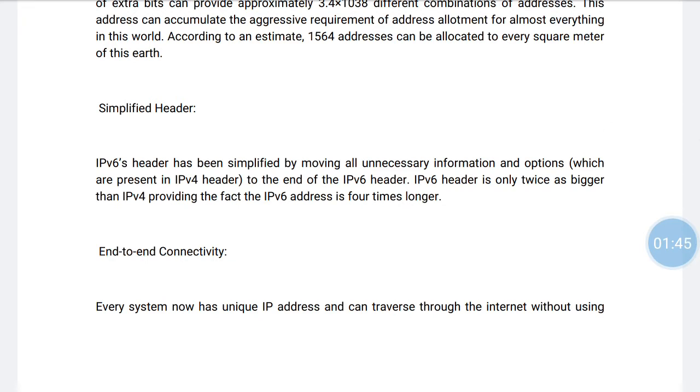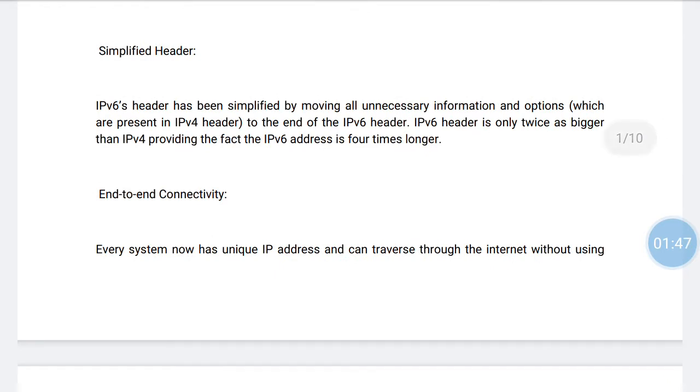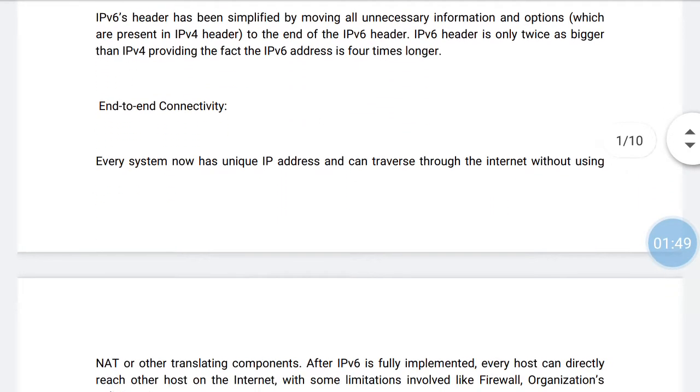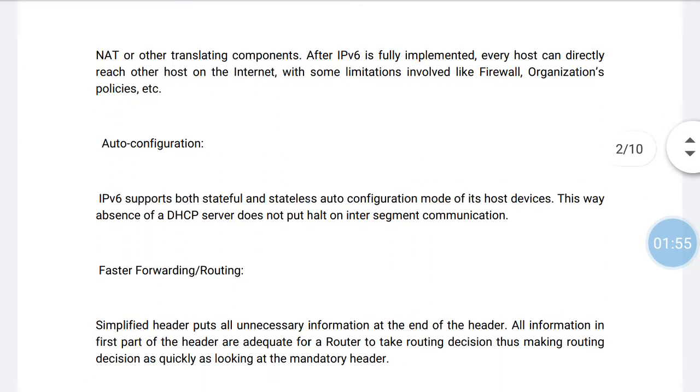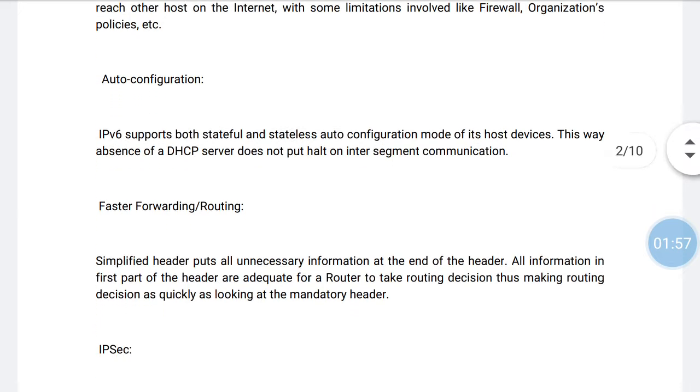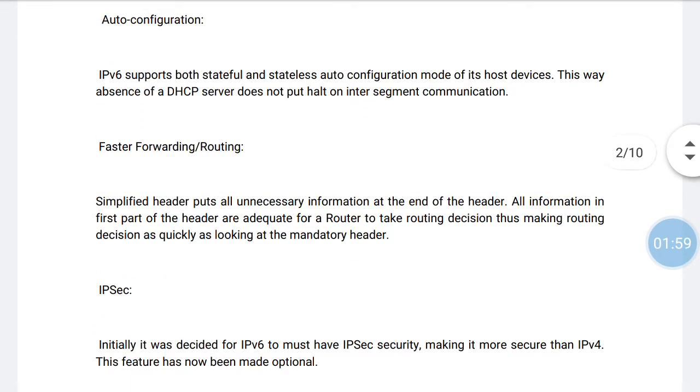It has end-to-end connectivity, so it can traverse through the internet without using network address translation, and it has auto configuration. It has faster routing. All the information in the first part of the header is adequate for a router to take a routing decision.